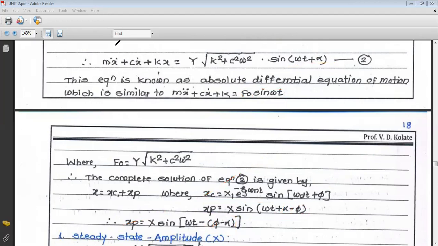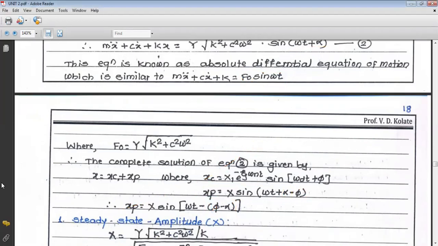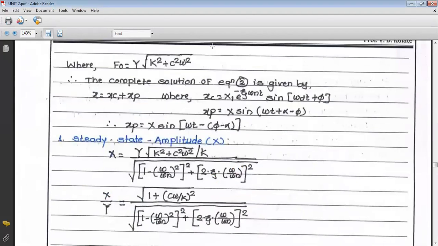So let's start with our steady state amplitude. We know that the steady state amplitude of forced vibration, that is x, is equal to f0 upon k divided by square root of 1 minus omega upon omega n whole bracket square, plus 2 zeta omega upon omega n whole bracket square.